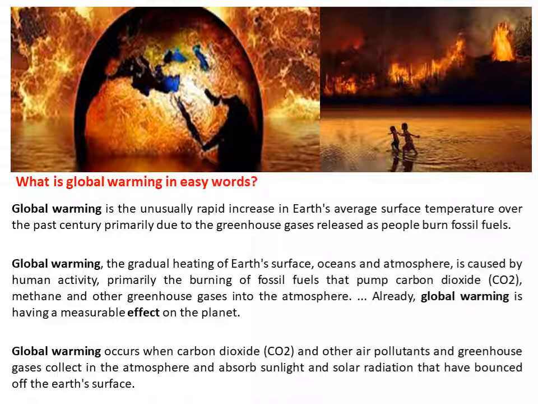Already, global warming is having a measurable effect on the planet. Third, global warming occurs when carbon dioxide, CO2, and other air pollutants and greenhouse gases collect in the atmosphere and absorb sunlight and solar radiation that have bounced off the Earth's surface.